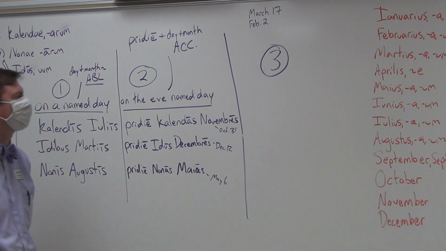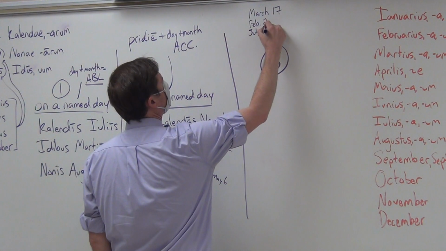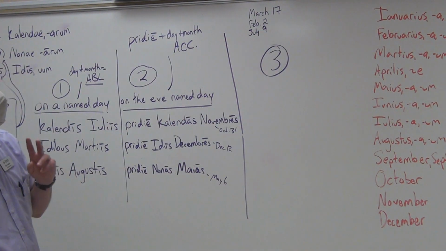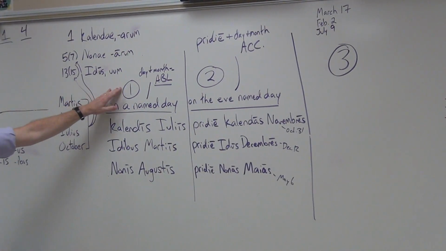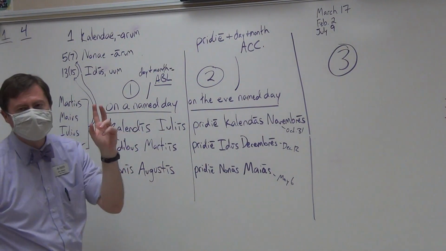I don't know why, July 9th. Now, each one of those days does not fall on a named day. So it isn't process number one. None of them fall on a day before a named day, so it's not process number two. Instead, we go to the third.